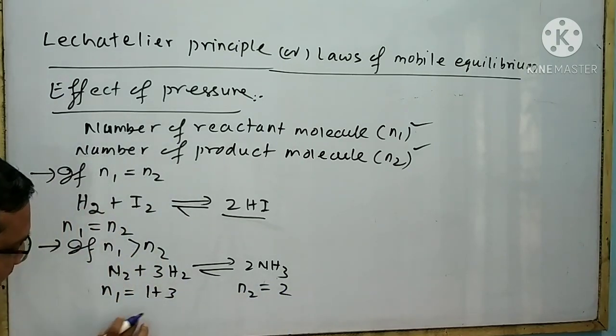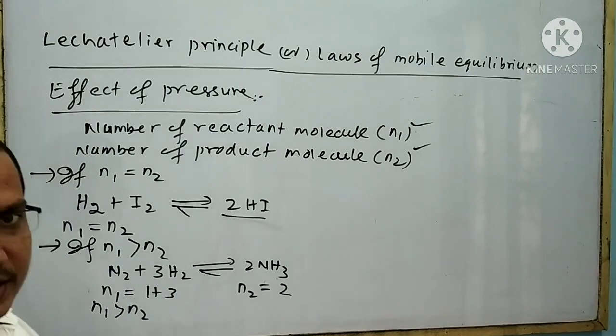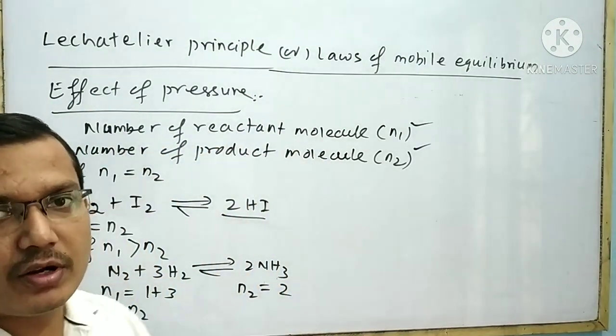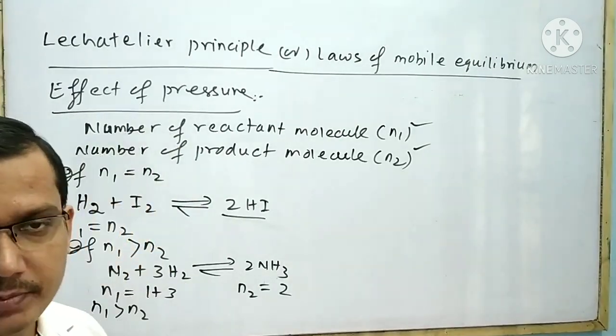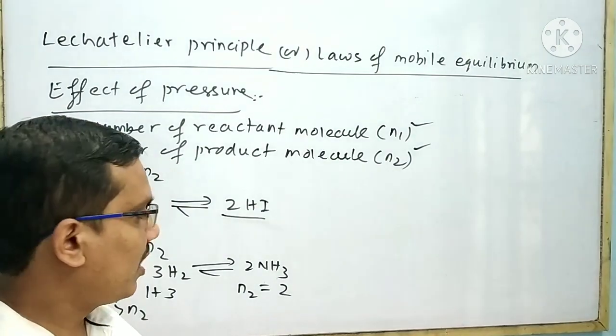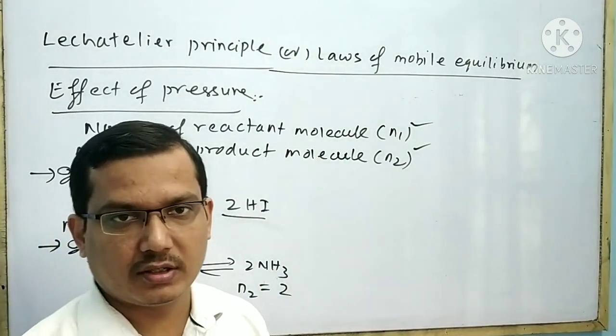That means here I can write N1 greater than N2. For such a reaction, an increase in pressure shifts the equilibrium in the forward direction. That means for the formation of NH3, an increase in pressure is a favorable condition.